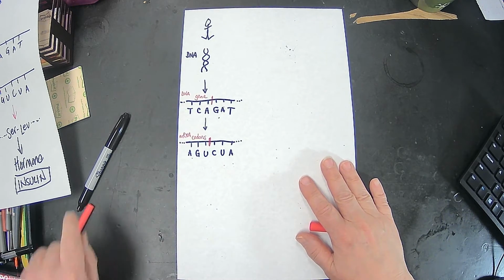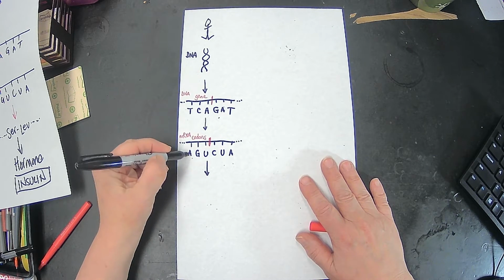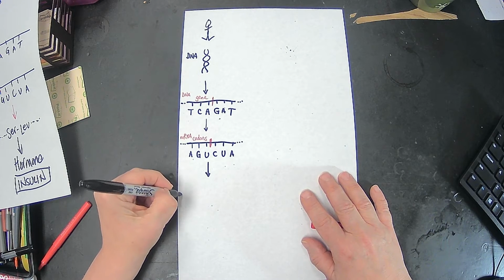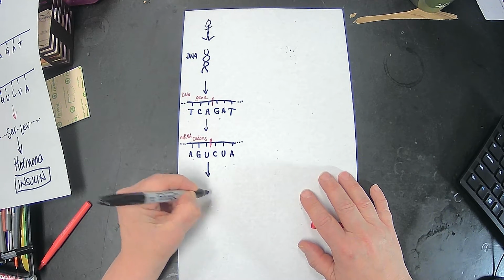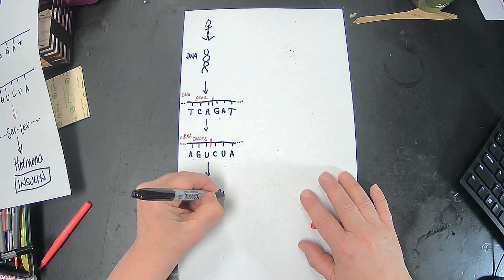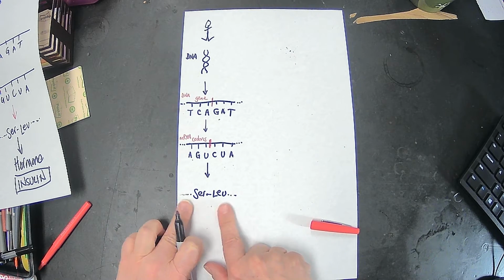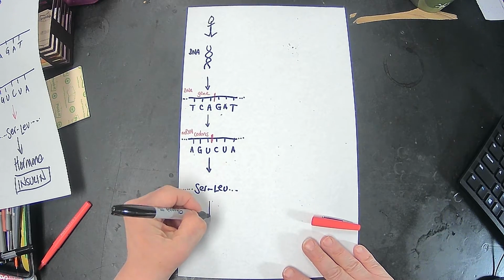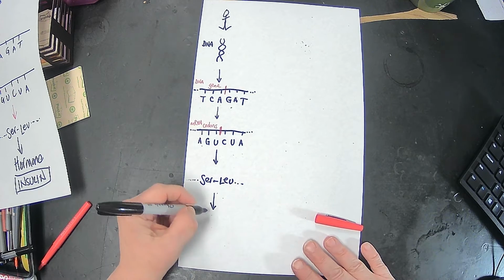Now, at translation, AGU, if you go read your codon chart, AGU codes for serine, and CUA codes for leucine. So that would be just two amino acids in a long chain of amino acids that make up a polypeptide, which then will fold up to become a protein.